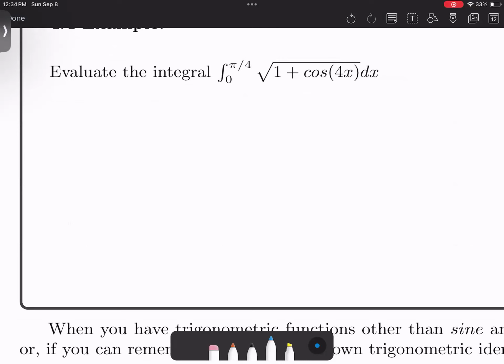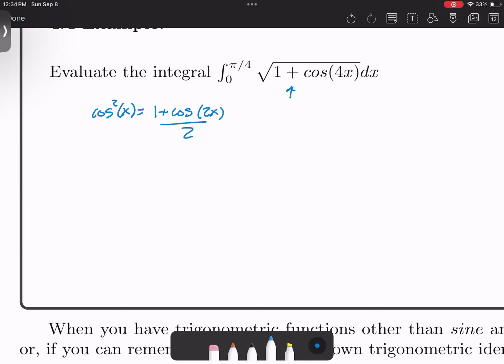We see a 1 plus cosine of 4x, and that, to me, looks like cosine squared of x equals 1 plus cosine of 2x divided by 2.